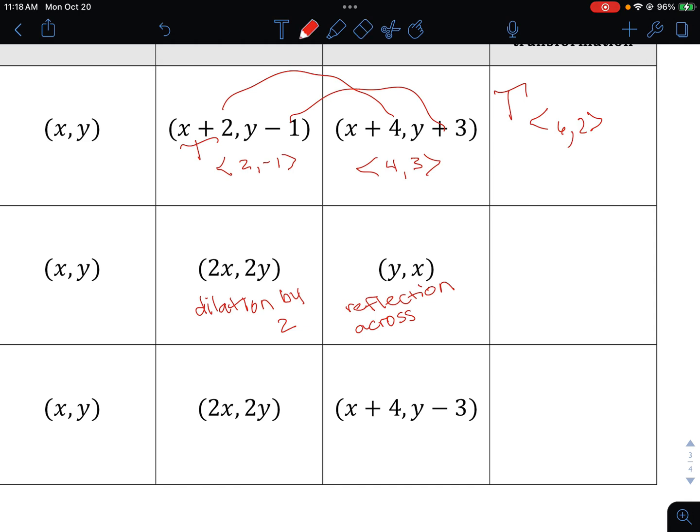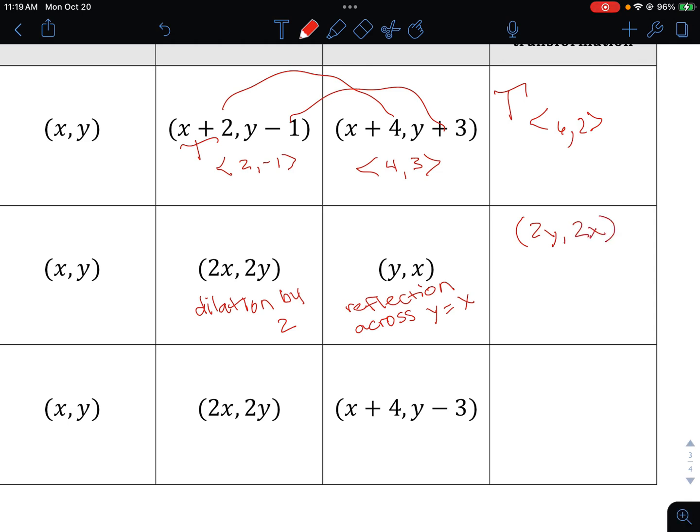That's the inverse line, and all you do is switch their places. So the first thing is I'm going to have the 2x, 2y, and then I got to switch them. So what is going to wind up happening here is we're going to have 2y, 2x.